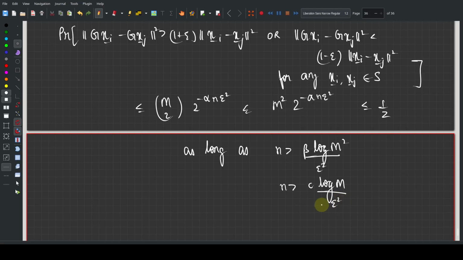So as long as n is larger than some constant times log m divided by epsilon squared, the probability of this bad event is strictly less than half. Okay? Or in other words, the probability that all the pairwise distances are approximately preserved is greater than half. Right? Which means that if I pick a g at random according to that Gaussian distribution, the probability is greater than half, which implies that there's at least one g for which the distances are approximately preserved.